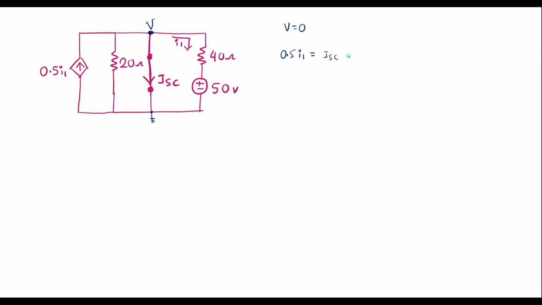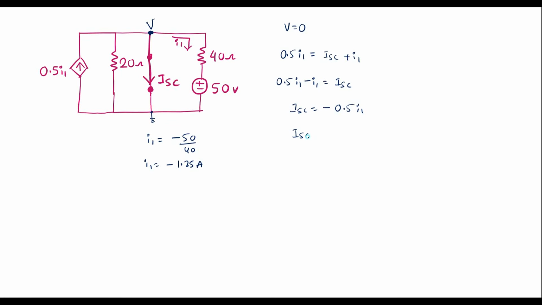ISC plus I1, or I can write 0.5 I1 minus I1 is equal to ISC, that is ISC is equal to minus 0.5 I1. Here we can see that I1 is equal to, the voltage at this node is 0, 0 minus 50 divided by 40, that is minus 50 by 40, that is I1 equal to minus 1.25 amp.